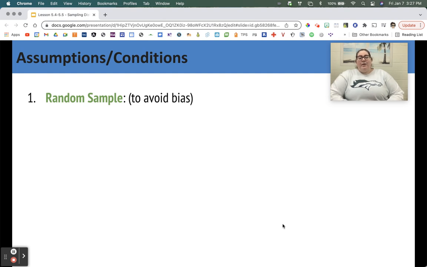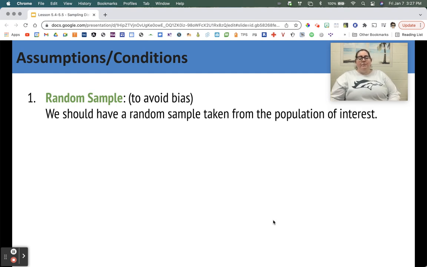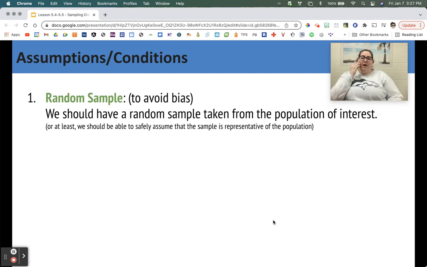First thing is that we really need to know that we took a random sample. This is avoiding bias. We want to make sure that the sample we are taking is representative of the population. So hopefully it's a random sample, but if not, we should be able to safely assume that the sample is representative.